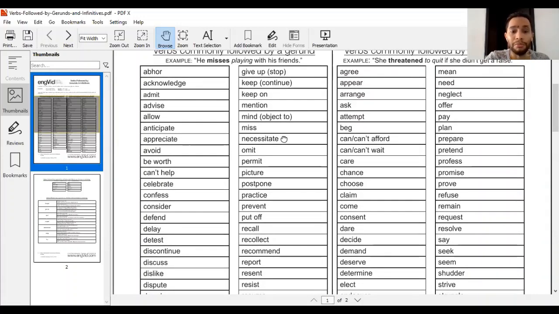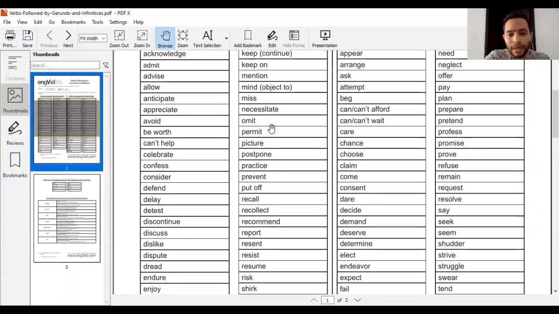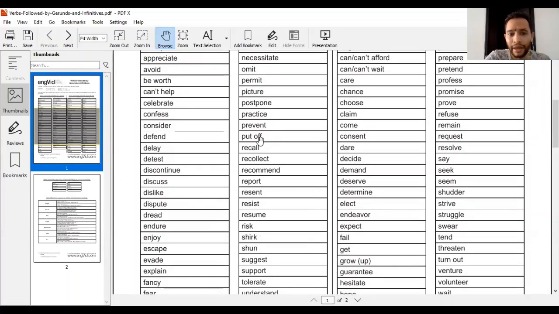Now we continue. Miss, necessitate. Now this word is not very much used. Omit, permit, picture, postpone, practice, prevent, put off, recall. In the case of recall, we can use both. I'm going to show you later on how to use it.